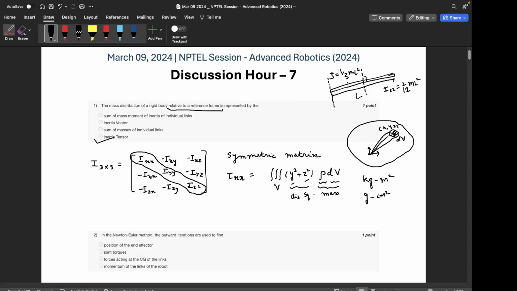So the inertia is dependent on the reference frame.